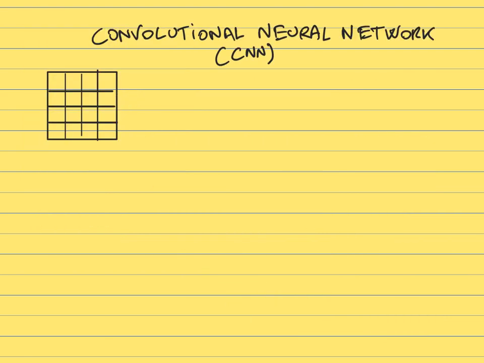Without having to redefine it several times based on where this object is located on the picture. So first, let me show you the typical overall architecture of a convolutional neural network, or CNN. And then we are going to come back in more detail on each of the different operations you have between the input and the output of this model.